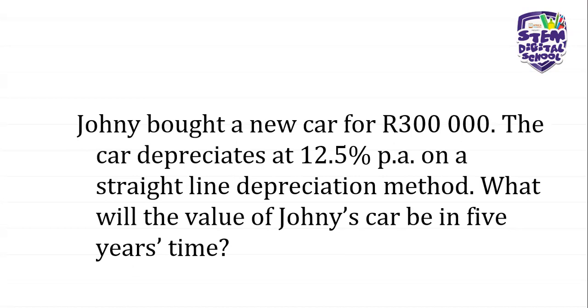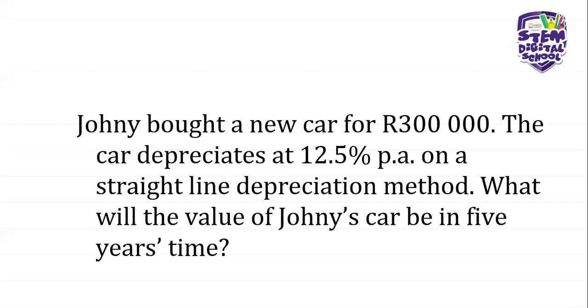And I always say that before you can even start with your calculation, it's very important to identify the information that is given. So let's quickly identify the given information here. We know that the principal amount is 300,000. We also know that the interest rate is 12.5%.